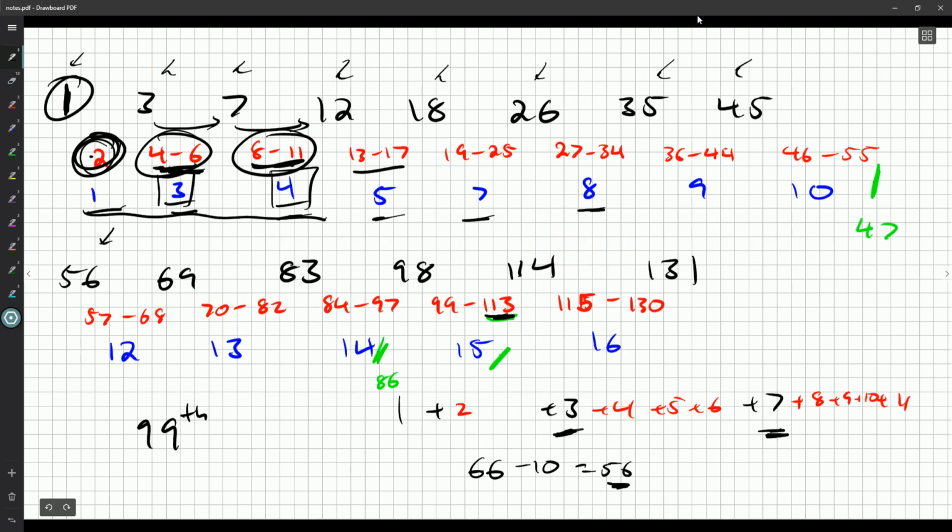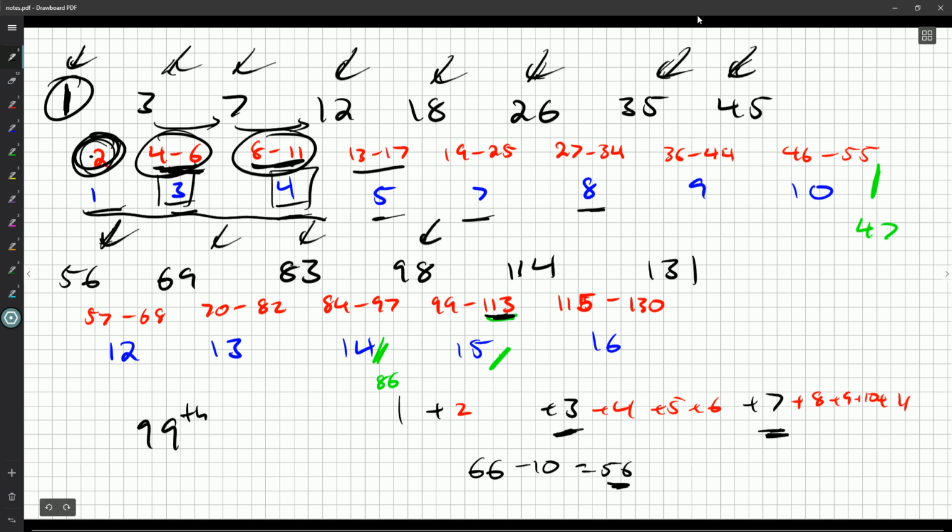Now we already worked this out, so let's go back and double check. 1, 2, 3, 4, 5, 6, 7, 8, 9, 10, 11, 12. Okay. So if we add up 99 of the terms, which we can double check. 1 plus 3 plus 4 plus 5 plus 7 plus 8 plus 9 plus 10 plus 12 plus 13.